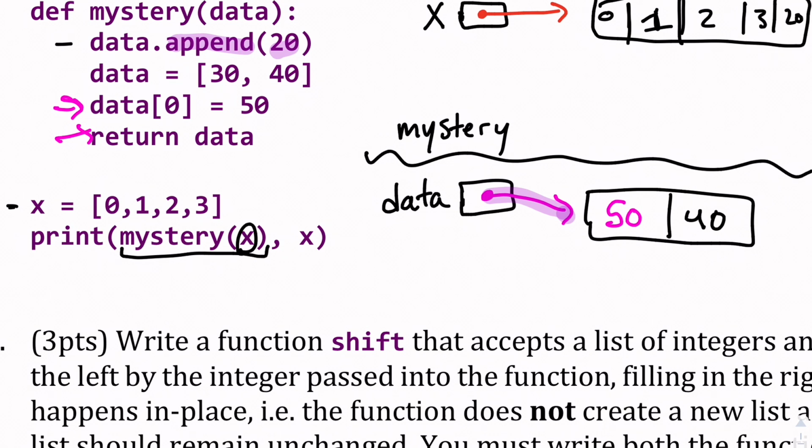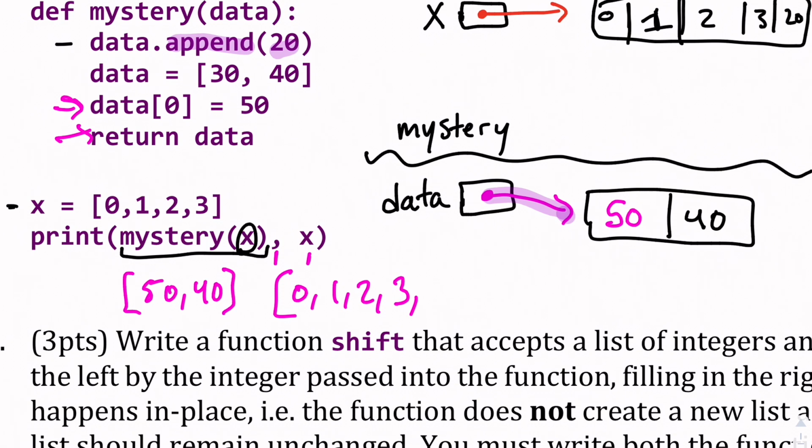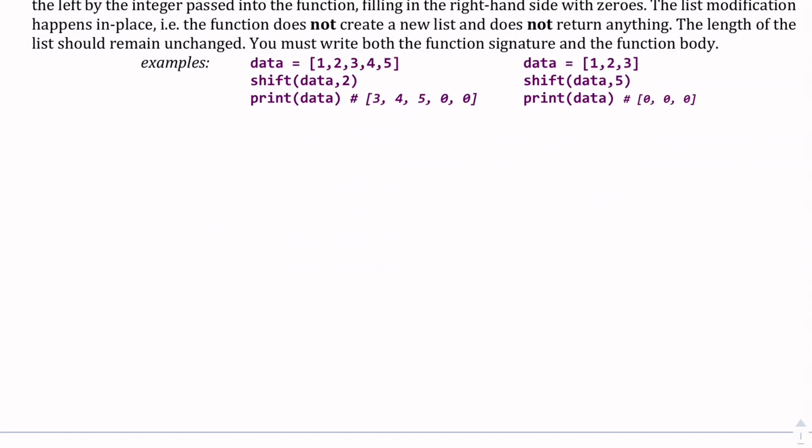So return [50, 40] out of this function and print it out. We're going to print [50, 40], because that's the return value of this function. And next to it, we print the value of x. The value of x is the list [0, 1, 2, 3, 20]. And that's what gets printed.